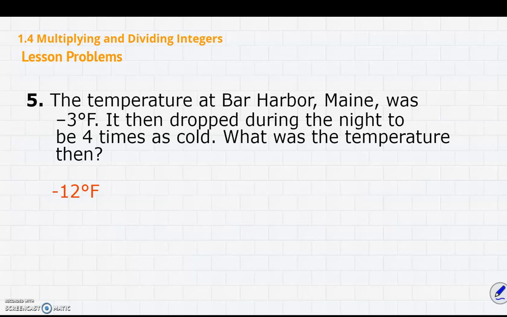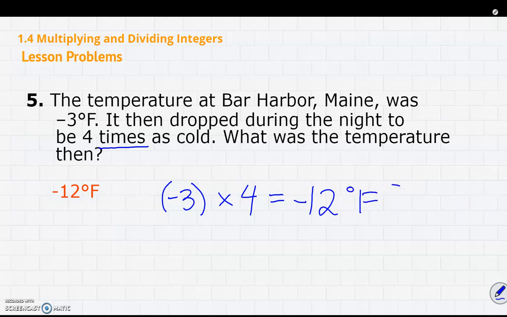We are going to multiply by 4. So we have our temperature -3. We're going to get 4 times as cold. Okay, -3 times 4 is 12, but they have different signs, so our answer is -12. And that's degrees Fahrenheit. So at night, it dropped down to -12 degrees Fahrenheit, 4 times as cold as it was during the day.